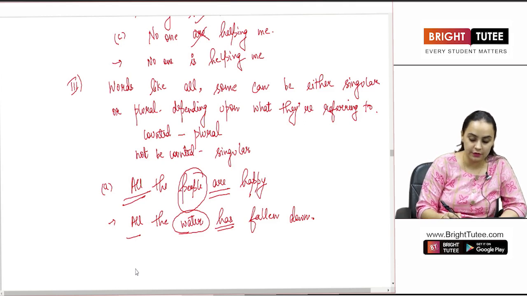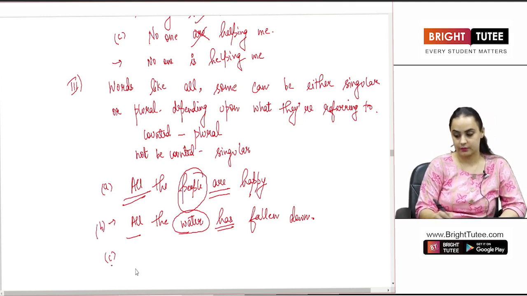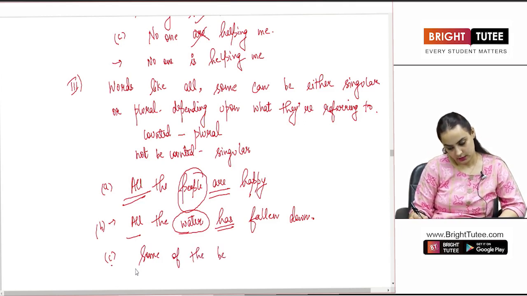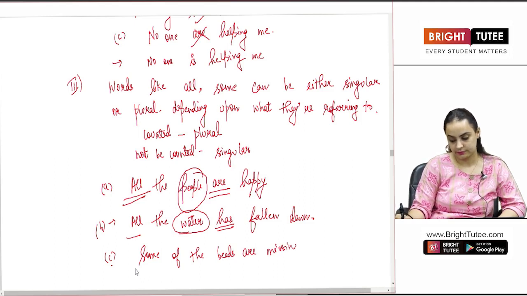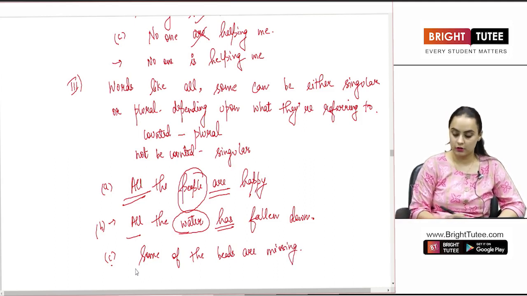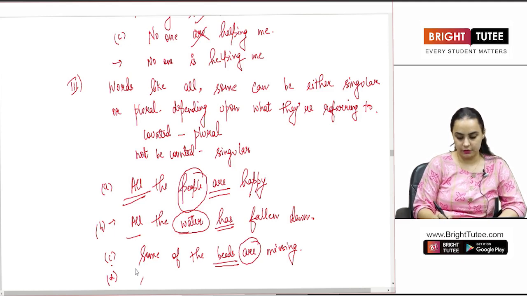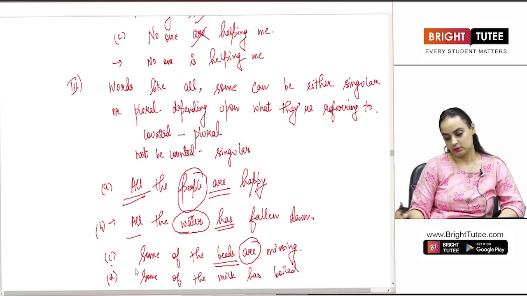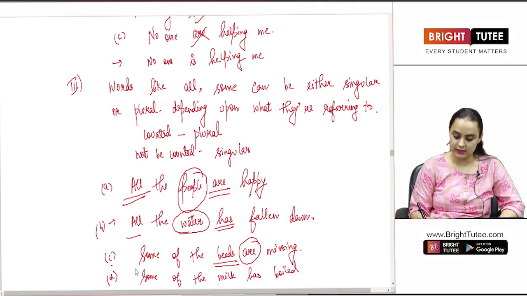If I give you another example, some of the beads are missing. What are we talking about? Beads. Beads can be counted, therefore a plural verb. And if I give you the example, some of the milk has boiled. What am I talking about in this sentence?